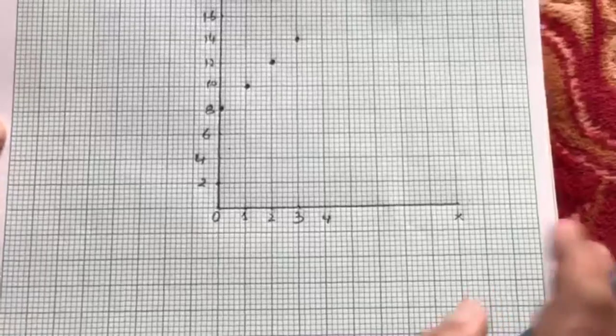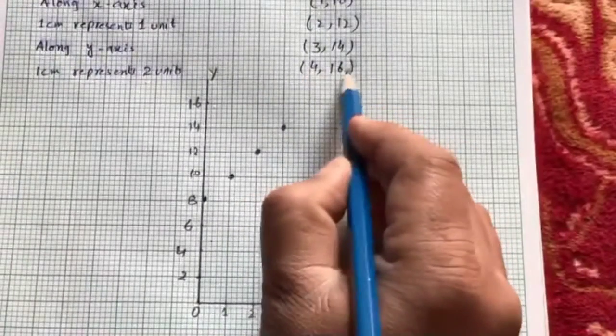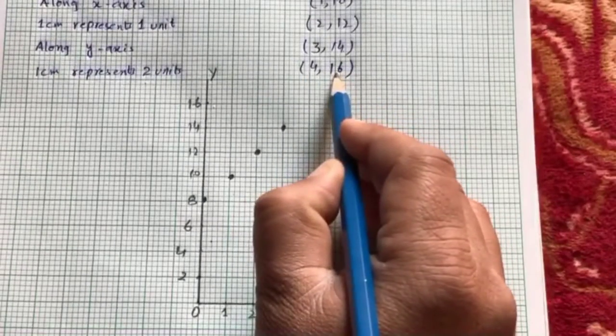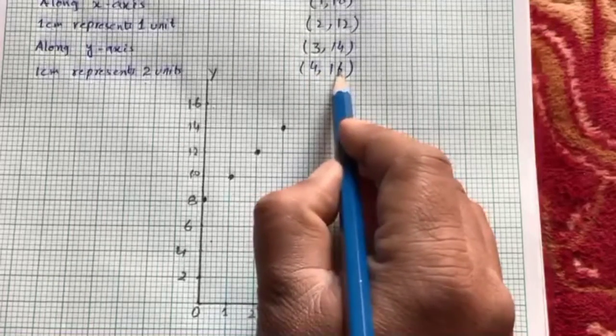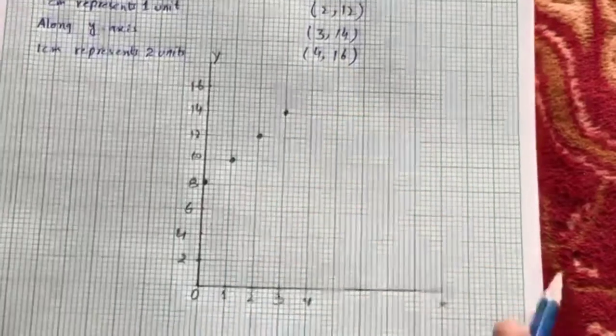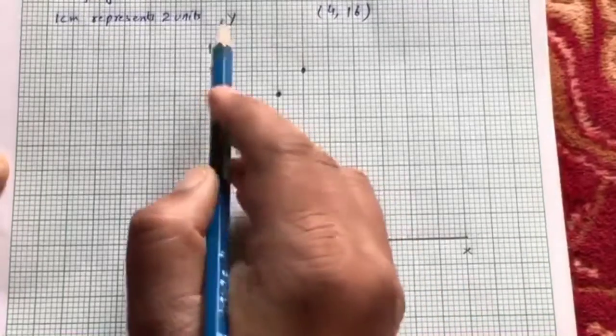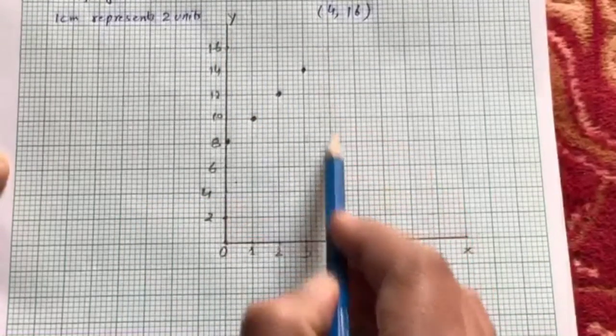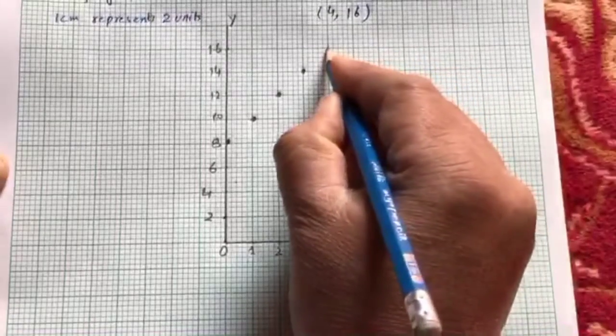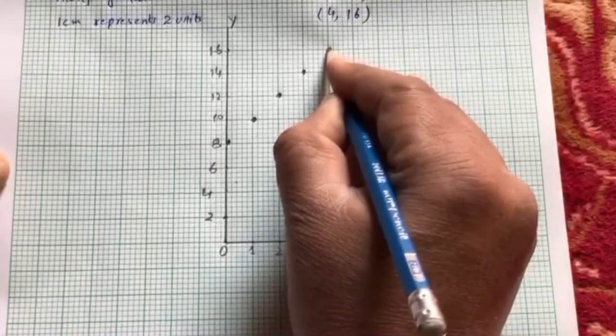Now the next point is 4 and 16. We place this point on the graph paper. X is a positive 4 and y is a positive 16. So on the graph paper, here is a positive 4 and here is a positive 16. These 2 points meet at this point, so we place this point over here.